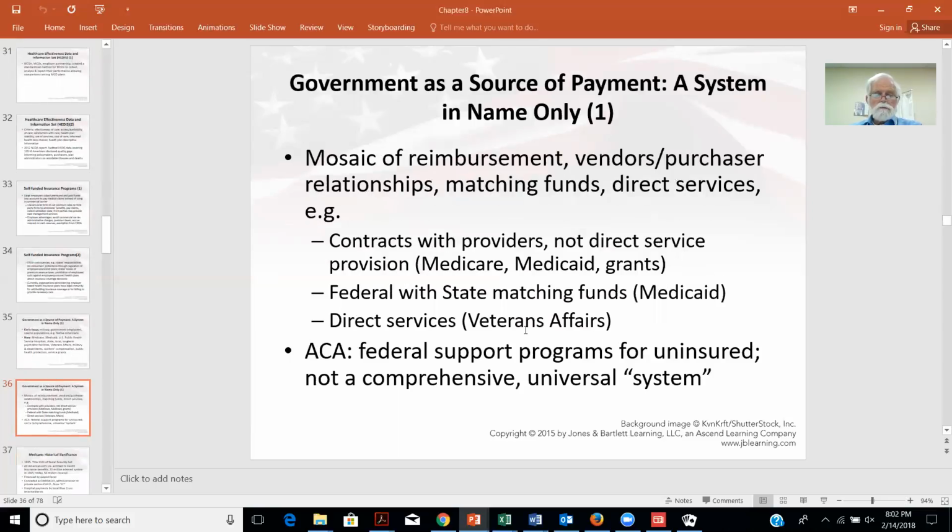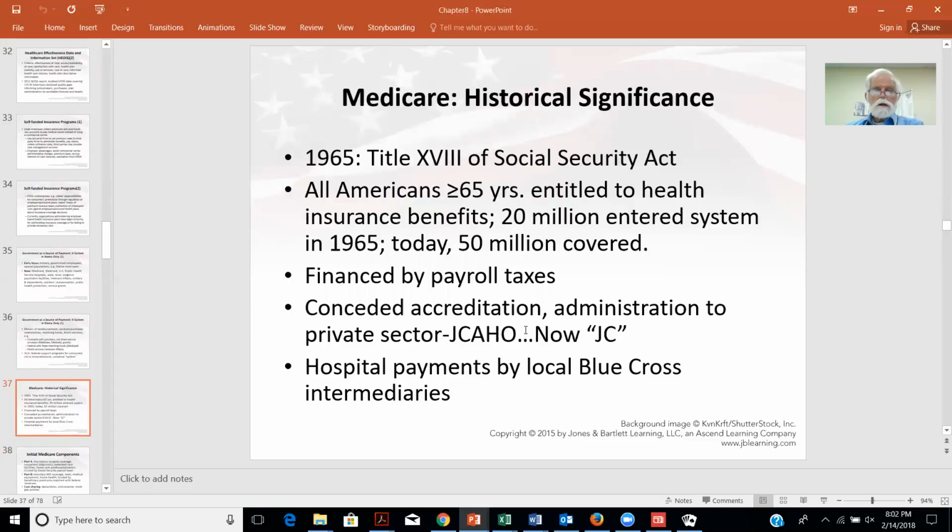It is a mess. There's a lot of different providers, and the programs are not really a universal system. They're for limited people.